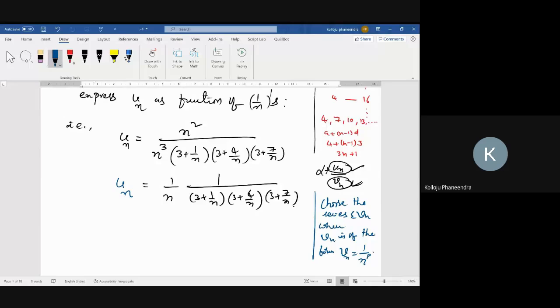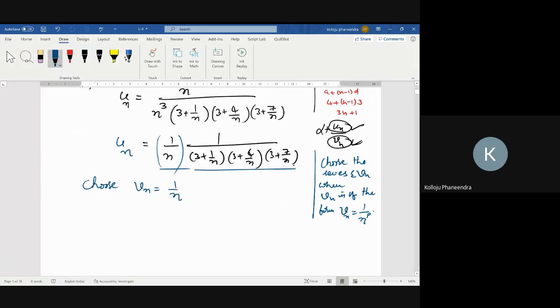Where is the 1 by n power p structure in this term? Here it is. So choose Vn as 1 by n. This is the idea to select the series Vn to apply the limit comparison test.